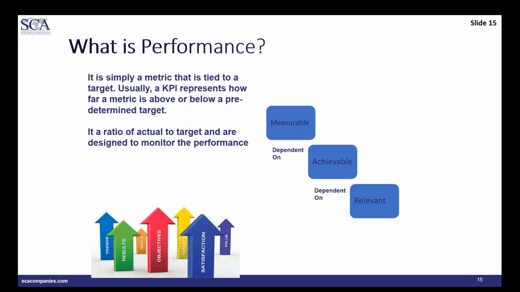Then the next one is that it is dependent on relevance, right? If it is not relevant, there is no point in comparing against it. The next one is time. It has to be based on time because it changes. Now that we have achieved a certain KPI, the benchmark KPI gets adjusted, and the next time it goes higher.